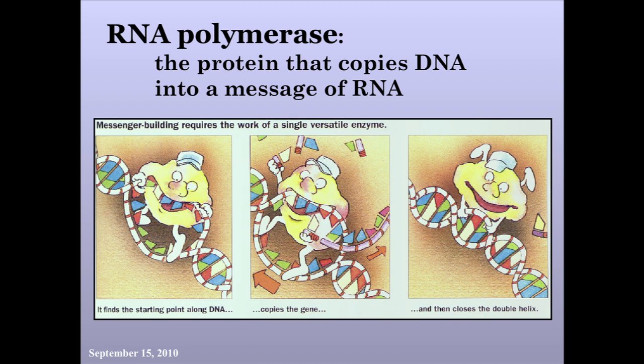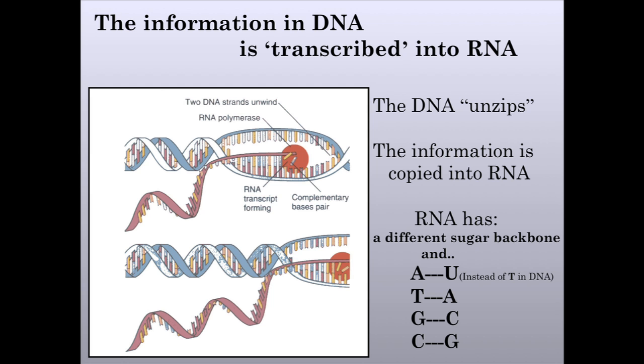And instead of those several cast of characters that I just showed you for copying DNA, RNA polymerase is a single enzyme that opens up the strand, brings in the different bases, and makes the RNA strand and then closes it back together. So RNA polymerase makes the RNA out of the strand of DNA that we call a gene. That RNA then leaves the nucleus to code for a protein.